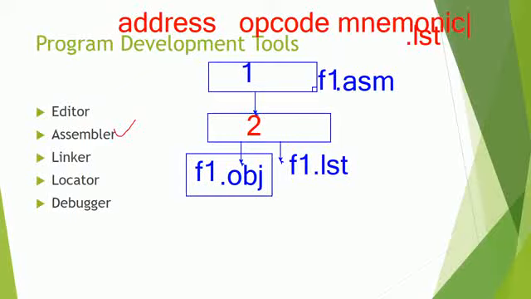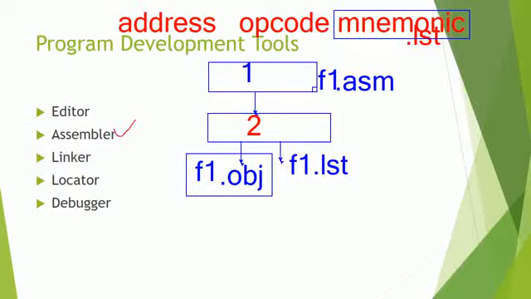So three things are there. Previously we wrote one program, an addition program. There we are writing the program in the mnemonic format, right? We are writing the program in the mnemonic format.